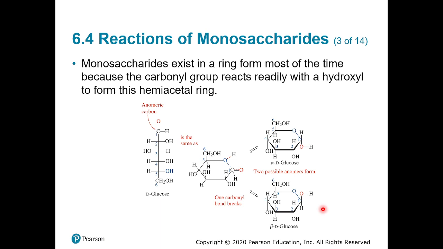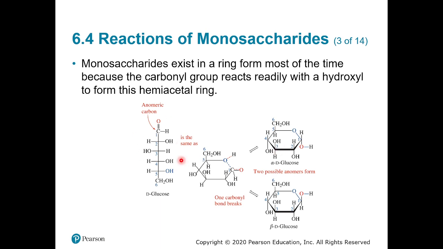The easy way to remember that is beta. See how the tail lifts it above the line, doesn't it? So it goes higher. Above. Okay. This right here is going to be where your OH here, that is from the aldehyde, is going to be on the opposite side of this group.